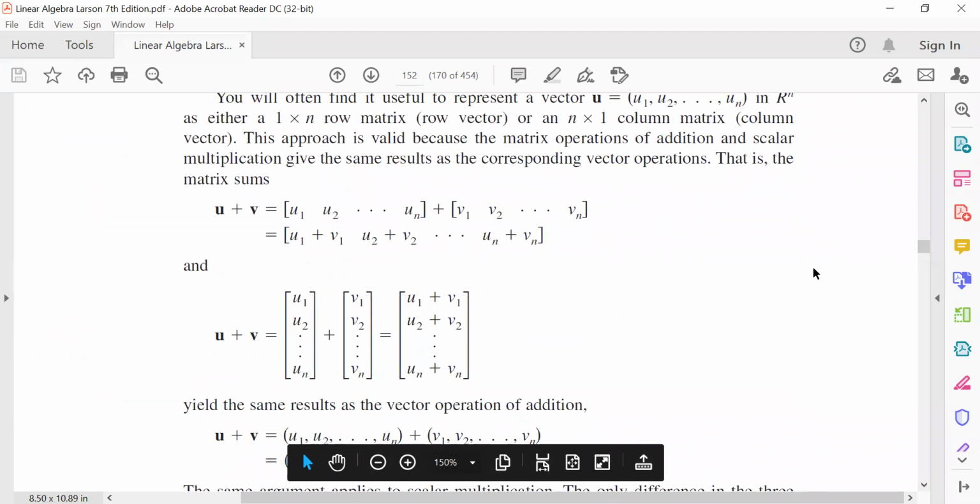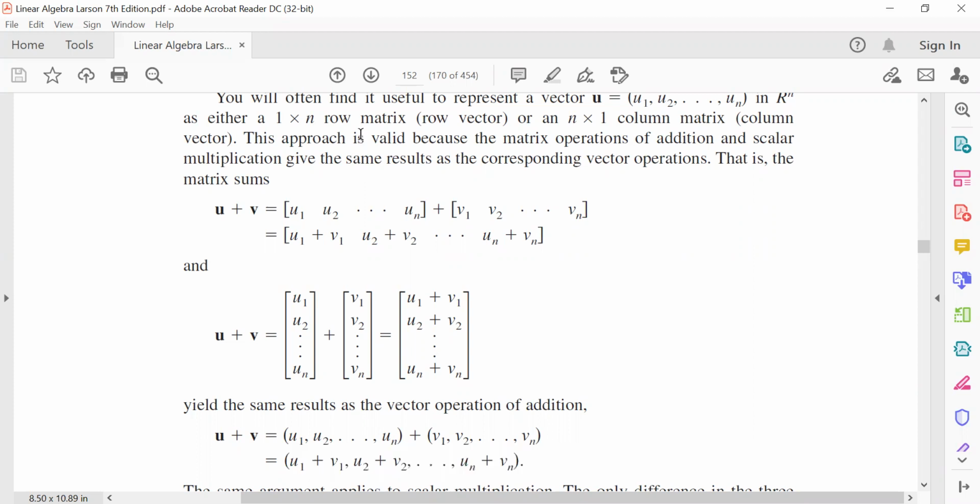And sometimes it helps to express a vector as a row matrix, like I said before, a single row matrix. So we call it a row vector. Sometimes we express it as a column matrix. So we call that a column vector.